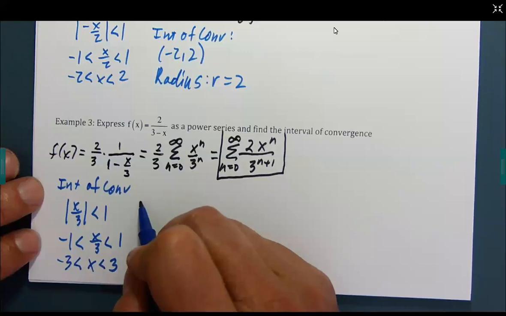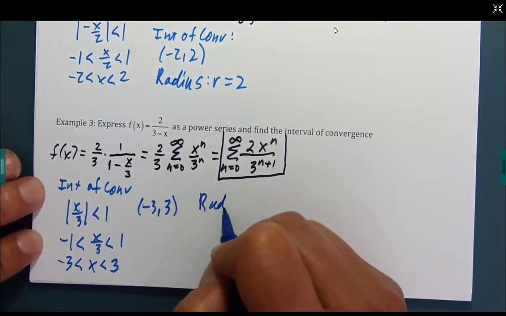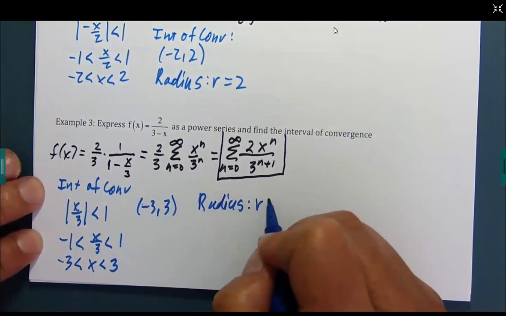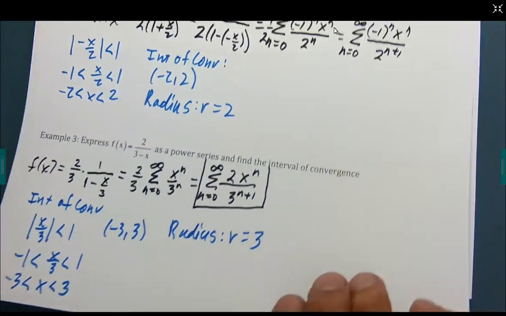So our interval of convergence is -3 to 3, with a radius r equals 3. Not too bad. Let's keep going.